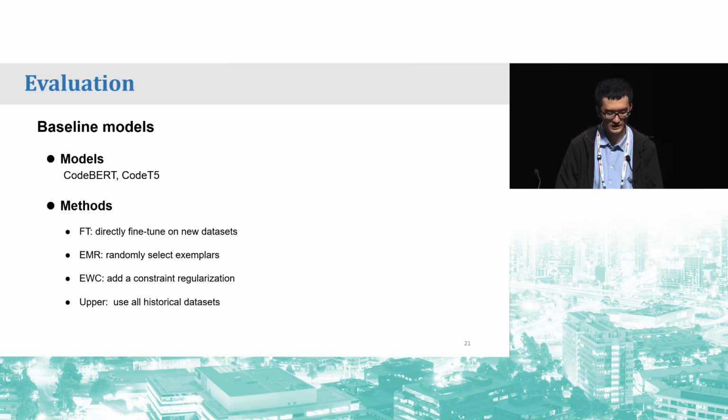EMR and EWC are two representative replay-based and regularization-based methods, and we have introduced them both. And the last method is Upper. It uses all historical datasets to retrain the model and is always infeasible in practice. So we only use it as the upper bound in this experiment.